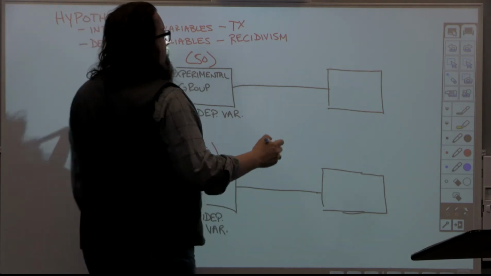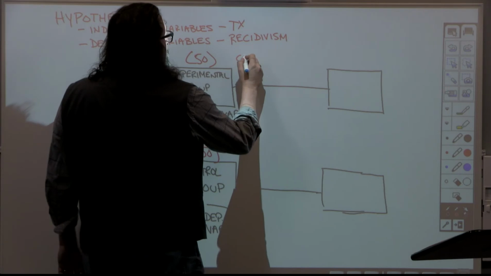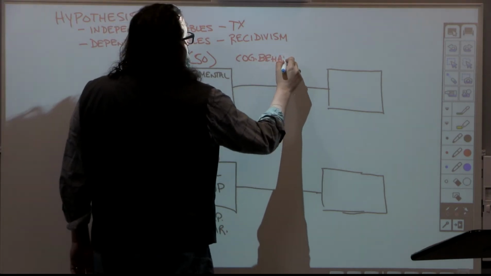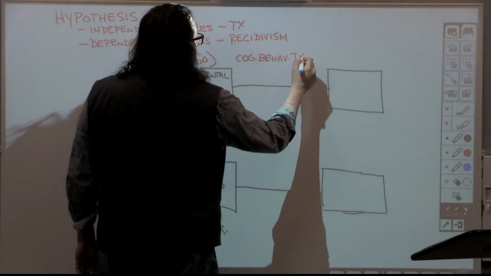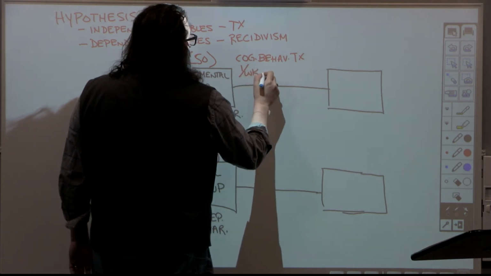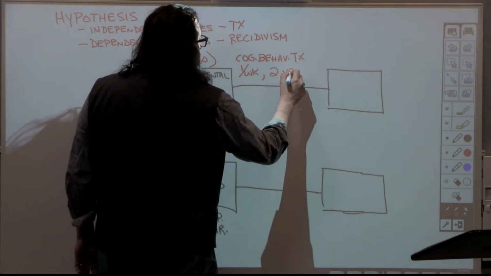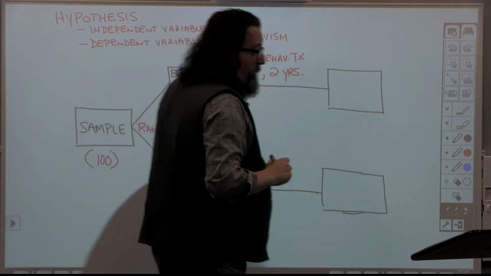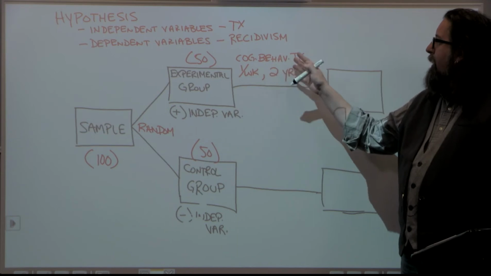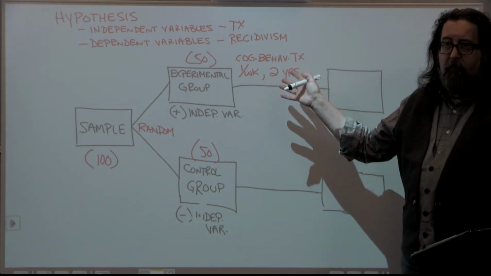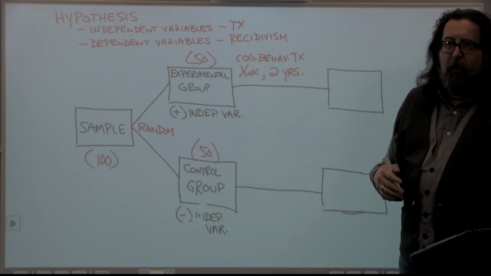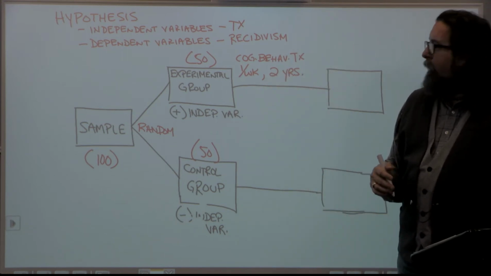We're going to define treatment, let's say, as cognitive behavioral therapy, which is a type of therapy. The people in the experimental group will have to go once a week, and we're going to run our experiment for 2 years. So once a week, everybody in the experimental group has to go to a cognitive behavioral therapy session, conducted obviously by a professional within the field who's using standard practices and all that other kind of stuff.